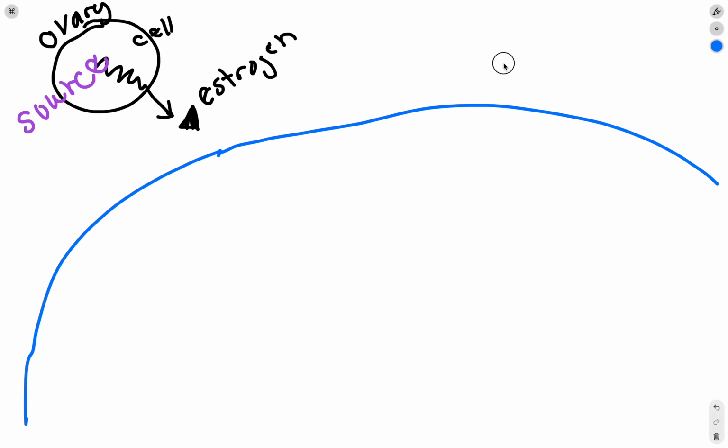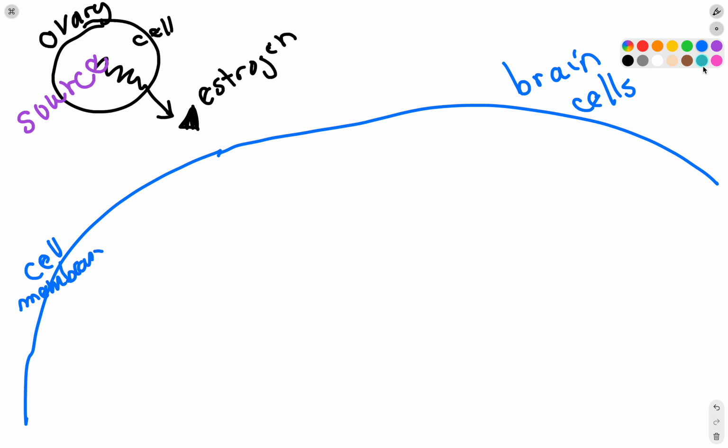So this is going to be one of these brain cells that estrogen is going to affect during puberty. And this is the cell membrane. And there are lots of these cells in the ovary. There are lots of these cells in the brain, and so on and so forth. This cell has a general term, and it's called the target cell.